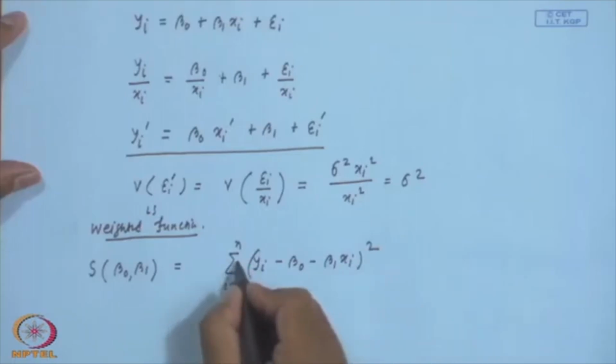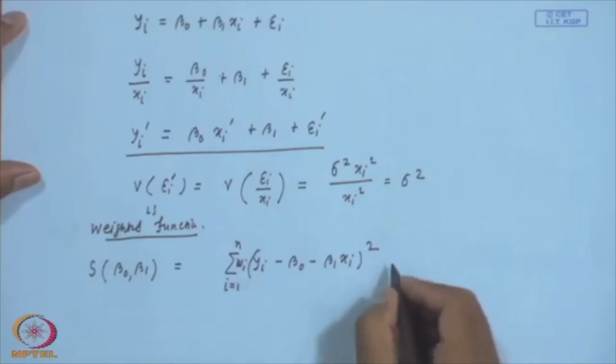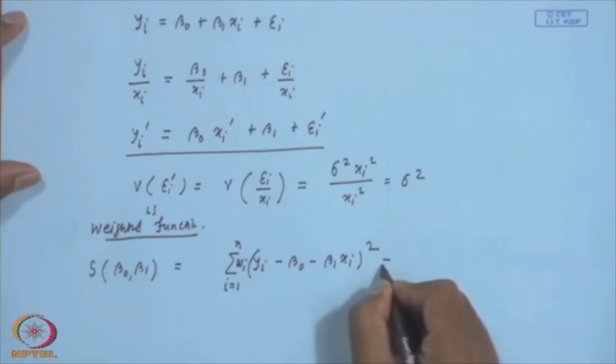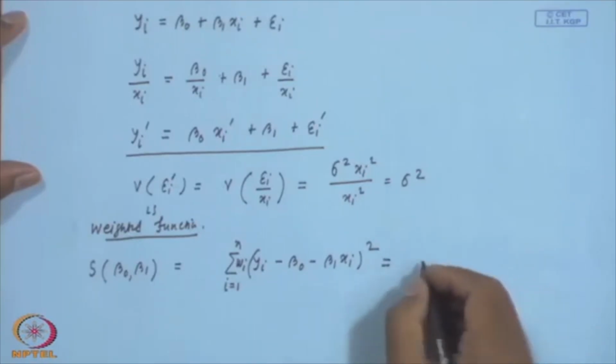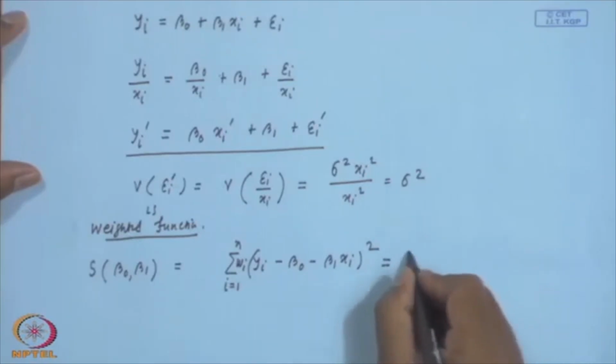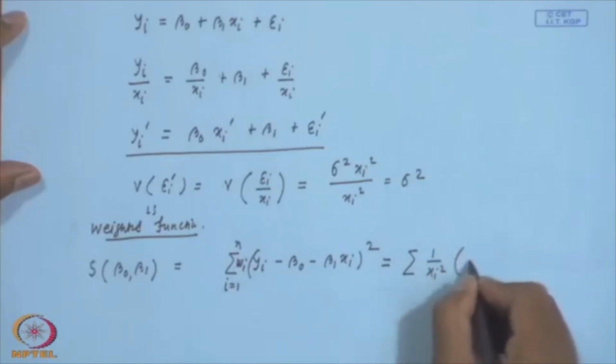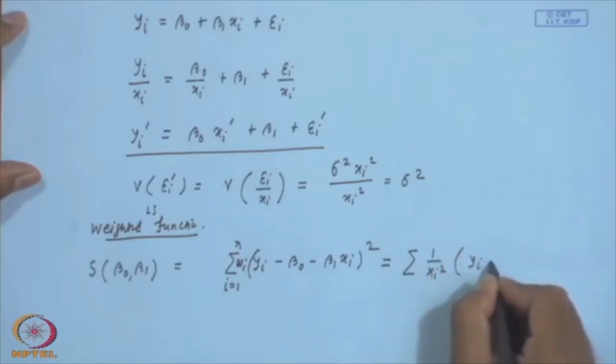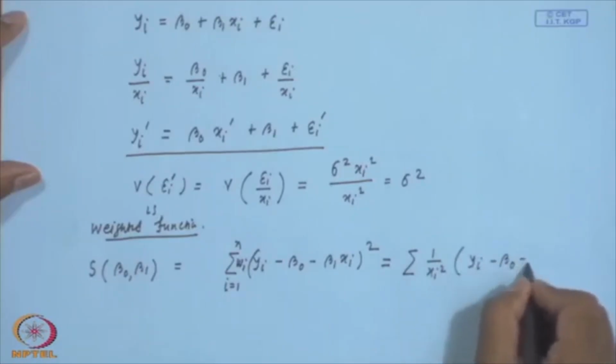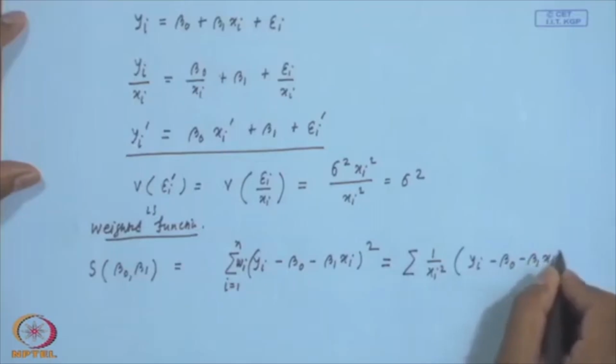Now, in the weighted least square, we put a weight for the ith observation, that is w_i, and in part 3 of the problem, it says that the weight is 1 by x_i squared. So, w_i is 1 by x_i squared, times y_i minus beta naught minus beta 1 x_i, squared.